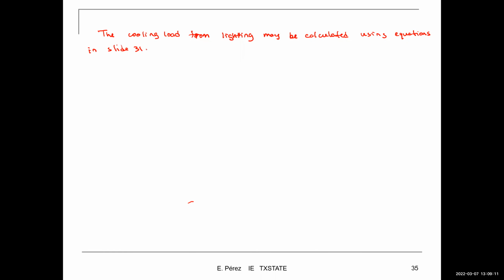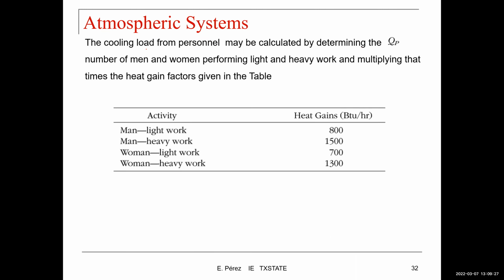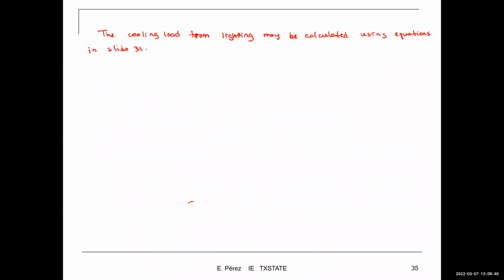For the equation, we have the type of lighting that we are using, and we compute that based on the wattage for the lights, and multiply by this factor. In this facility, we have 575 fluorescent luminaries, each containing 2 60-watt lamps. So that's the information that we are going to use.